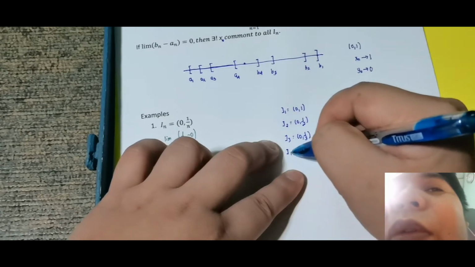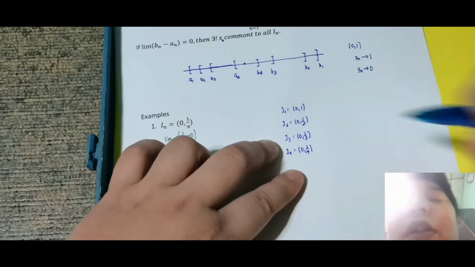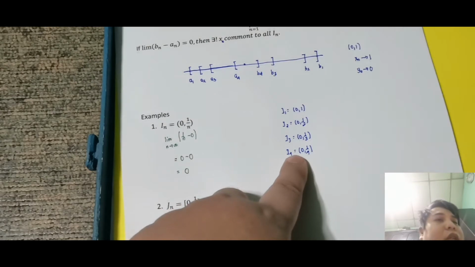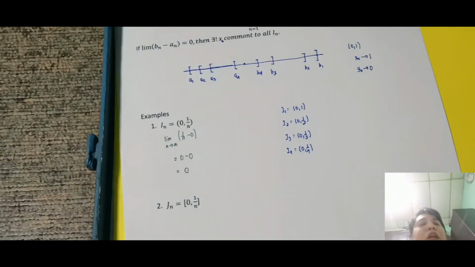For I sub 4, that is (0, 1 fourth). As n approaches infinity, ano napapansin mo? Palapit siya ng palapit, yung 1 over n nagsisiro. Pero parang open 0, walang 0 literal, at never din na mapuform. So as n approaches infinity, hindi rin niya kayang puntahan yung 0.